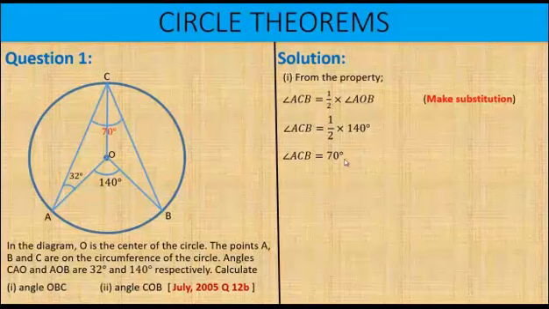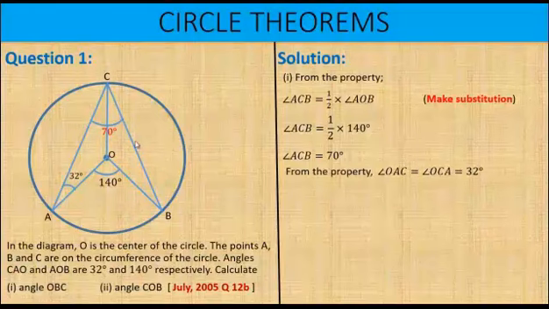Now, that is written on the screen. From there, the property also makes it known to us that angle OAC is equal to angle OCA, since the triangle formed is an isosceles, so the base angles are the same.